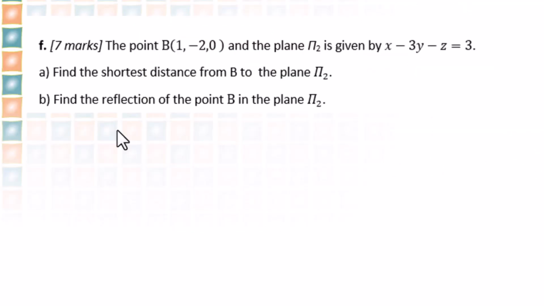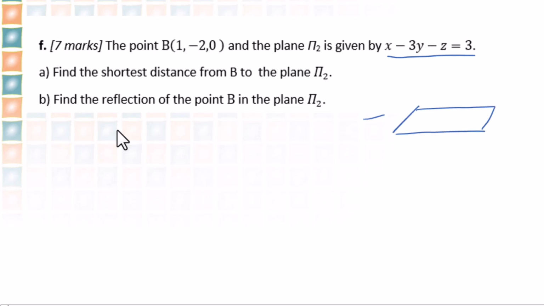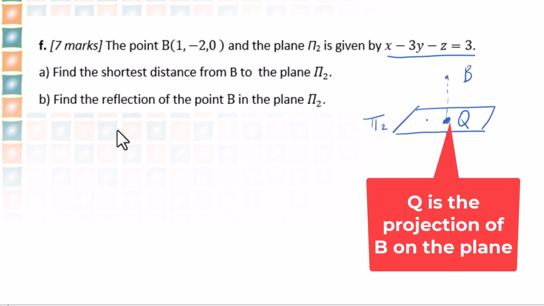Let's go to F. The point B and the plane pi 2 is given by this. Find the shortest distance from B to the plane pi 2. Let's draw the diagram. This is pi 2. This is B. We need to figure out this Q. For pi 2, we have a normal vector n2.